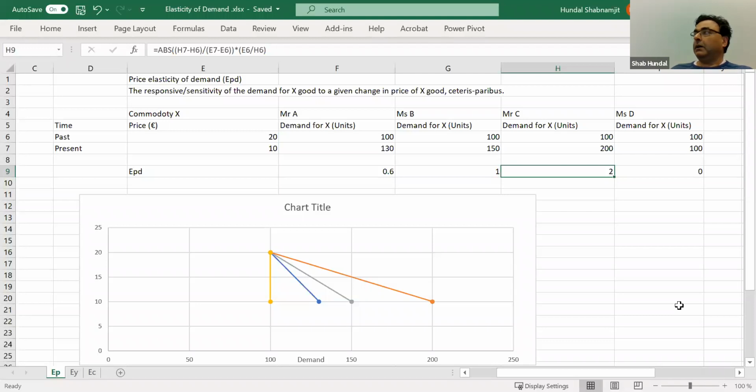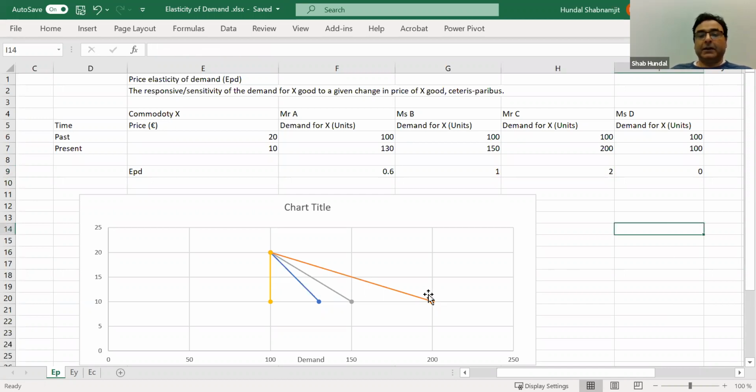So here, the demand is more reactive, more responsive, more sensitive to the change in price. So Mr. C seems to be the most price-sensitive consumer.